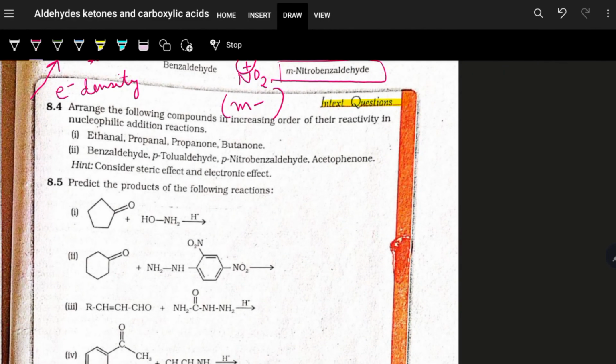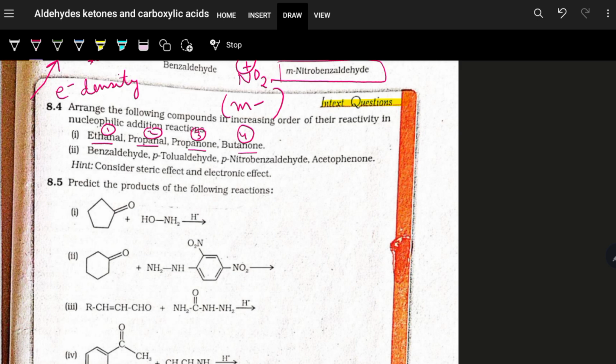Arrange the following compounds in increasing order of their reactivity towards nucleophilic addition reaction. Ethanal, aldehyde; propanal, aldehyde with one more carbon atom; propanone, ketone; butanone, ketone. So I will write this as 1, 2, 3 and 4.